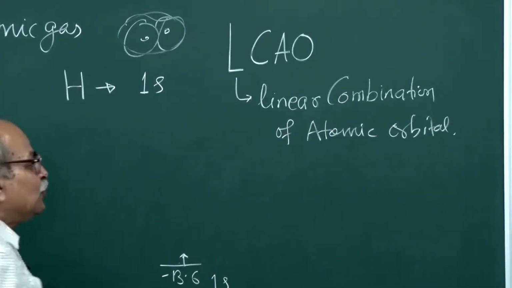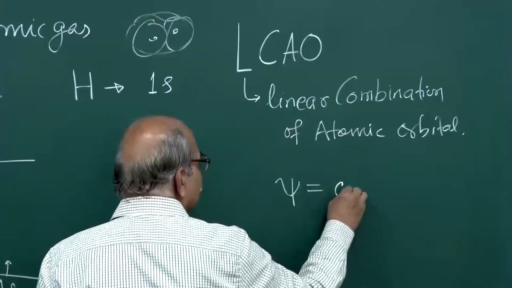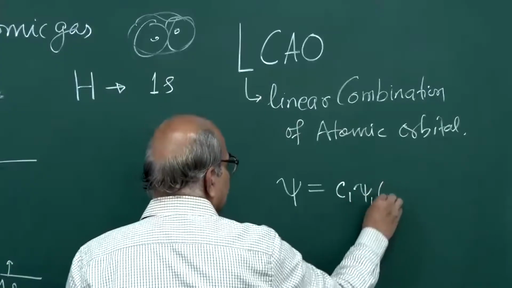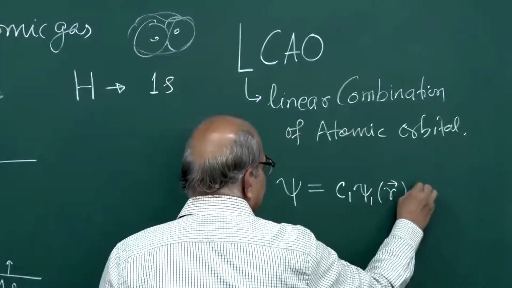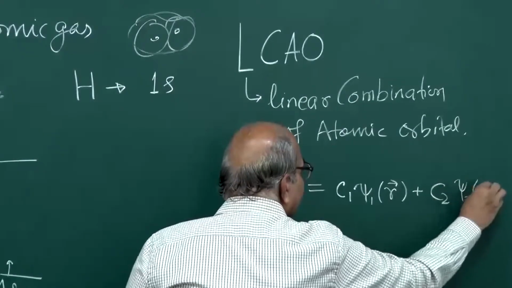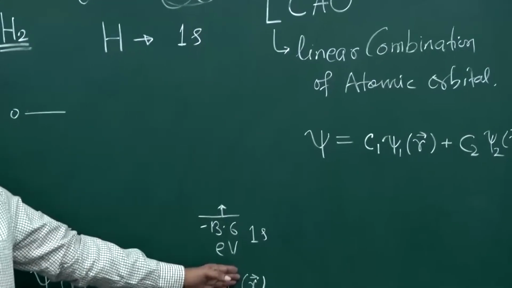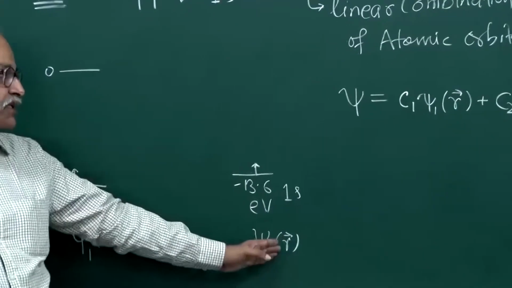Where you assume that the wave function is given by some linear combination of these two atomic orbitals, atomic wave functions. So you have a wave function here, you have a wave function here, refer to one origin, refer to other origin.